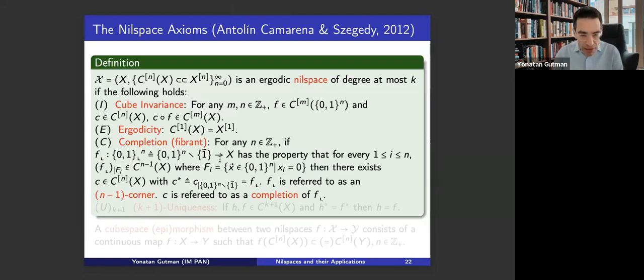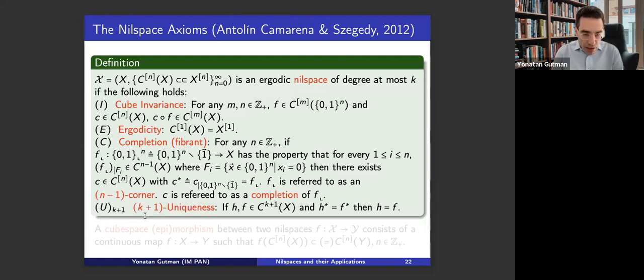And in addition, we have the property that when you restrict this configuration to the hyperfaces which do not contain the missing element, so these F_i given by all elements where x_i is 0, you get a bona fide cube of dimension n-1. Then this axiom tells you that you can complete this configuration to a cube: there exists a cube C such that it equals this corner configuration when you restrict to the corner.